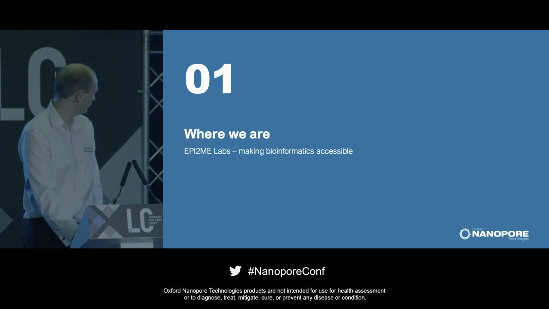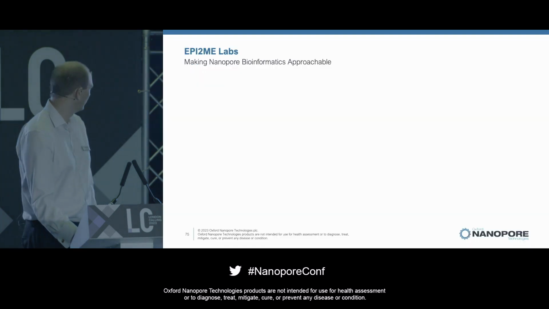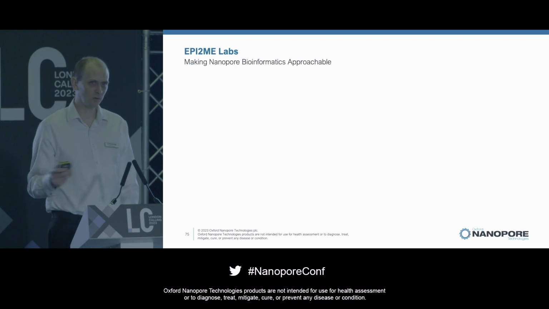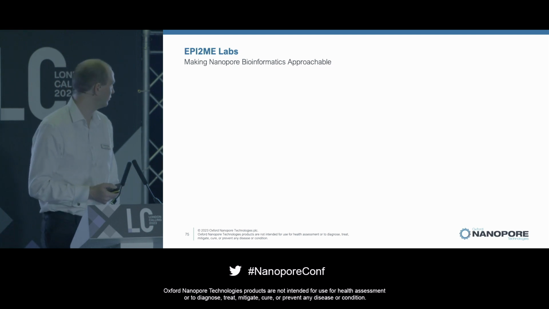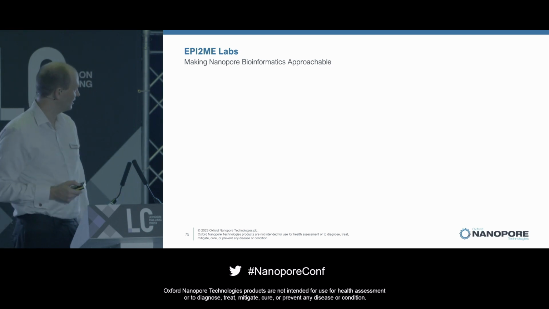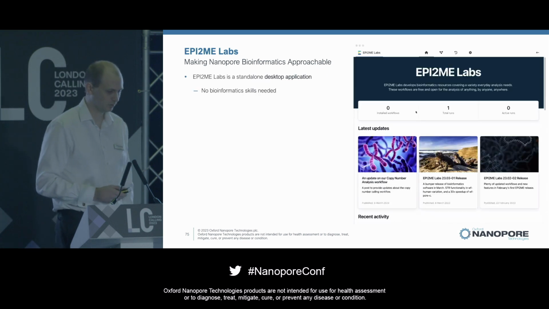So the group I've started in the last 3 years, the customer workflows group, is now acting as a focal point for all of our bioinformatics. So I'm just going to go through where we are, what we've done in the last 3 years or so, and this idea of making bioinformatics more approachable.